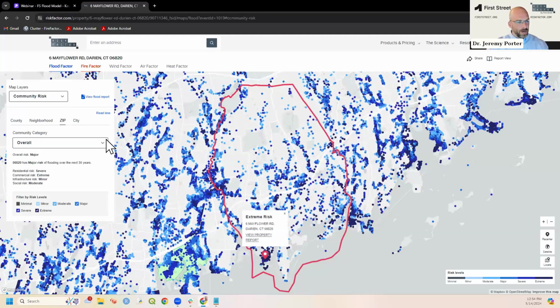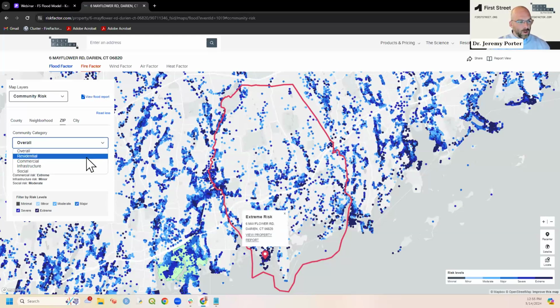You can see the property here. At a community level, there are a lot of different types of infrastructure: commercial infrastructure, critical infrastructure like electric substations, police, fire, and hospitals, but also social infrastructure, which is just as important to community risk, around schools and museums and things of that nature.